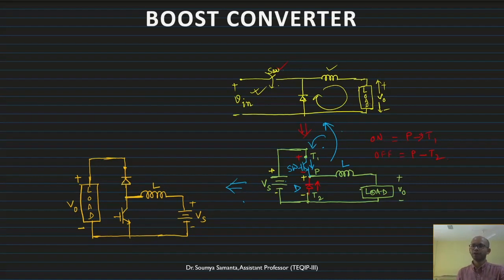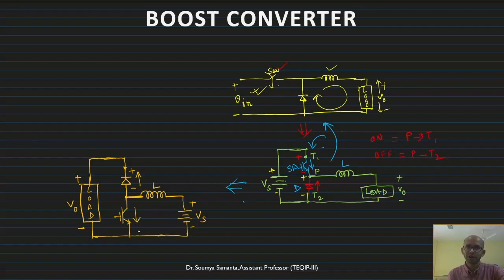So what we did? The position of the load and source we have changed. Now the position of the switch and the diode, how can we change this? It is not random. If we go for this type of analysis, that is SPDT switch analysis, then we will understand how. What is the direction of the current? The current direction is this one. The blocking polarity is this one. What is the current direction of this?